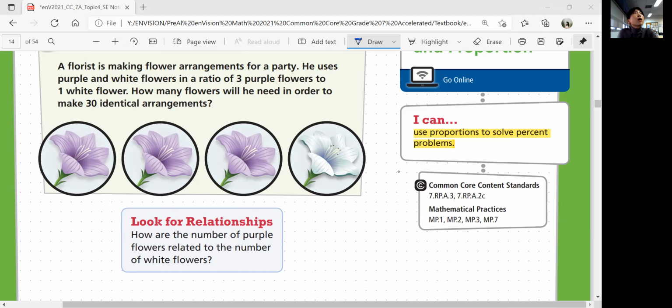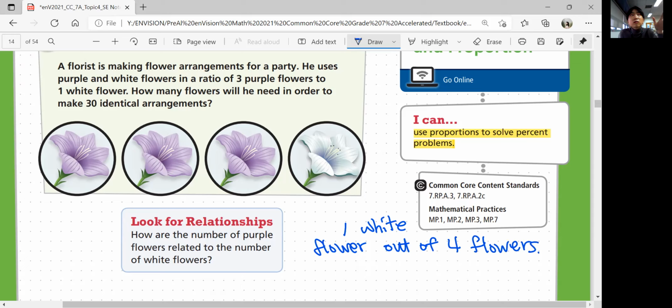He uses purple and white flowers in a ratio of 3 to 1. There's 1 white flower out of 4 total flowers, not 4 purple flowers. 1 white, 3 purple, total 4 flowers.